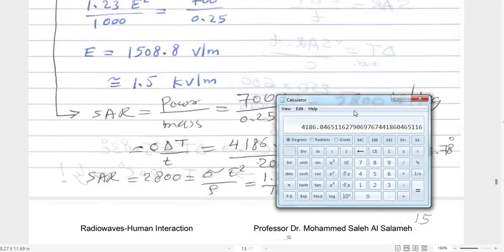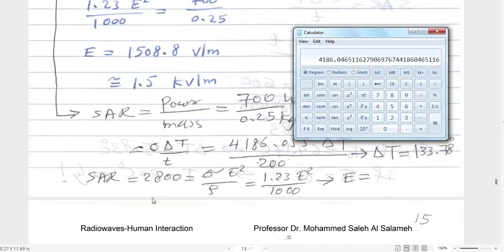Let me calculate it. 2800 times 1000 divided by 1.23, under square root.